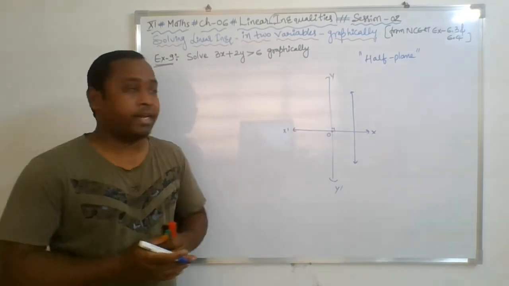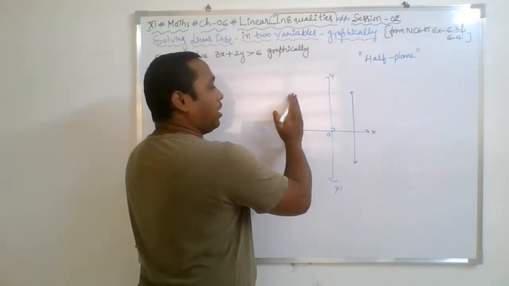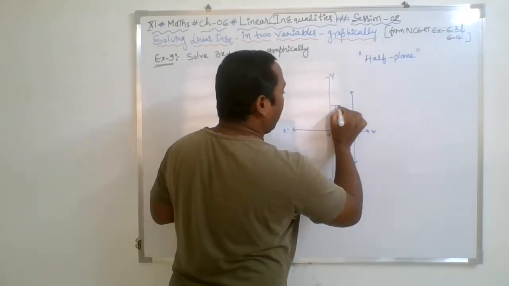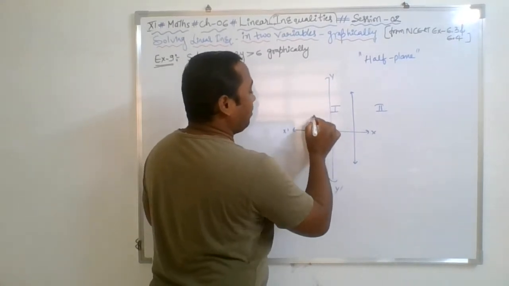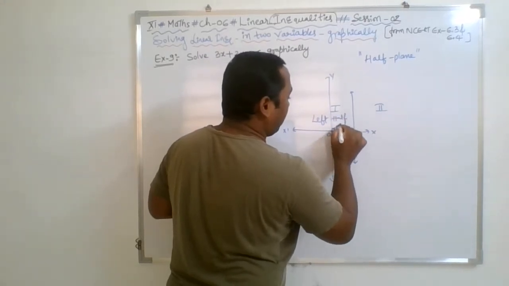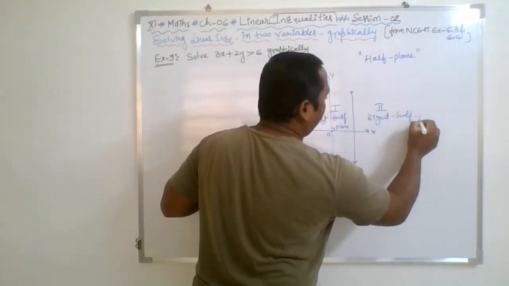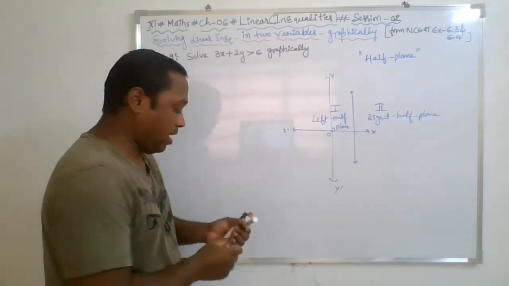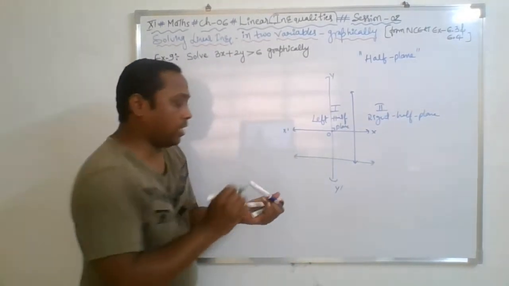Half means other. So which half plane you are talking about means either you are talking about the left side of this line or the right side of this line. So you may name these half planes as Roman number 1, Roman number 2. So the first means the left half plane, and the second is the right half plane, if it is a vertical line. Let us say the line is drawn horizontally.